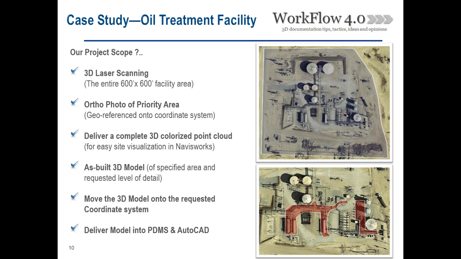They have it split up in different sections and what they would be utilizing currently. So you can see on the bottom right, highlighted in red, this was the area that we would be doing our modeling to begin. Once the modeling was done, we were to deliver it onto a requested coordinate system and be able to import that into PDMS and AutoCAD formats.